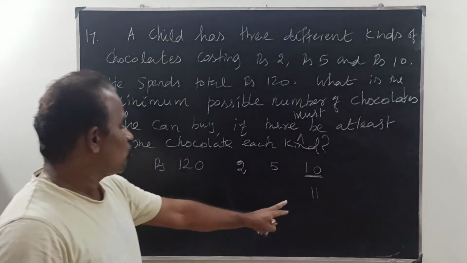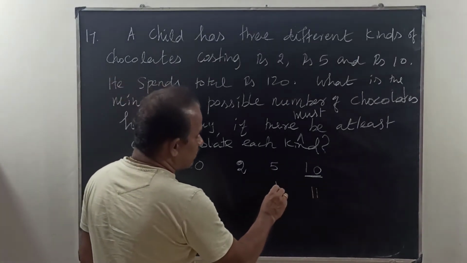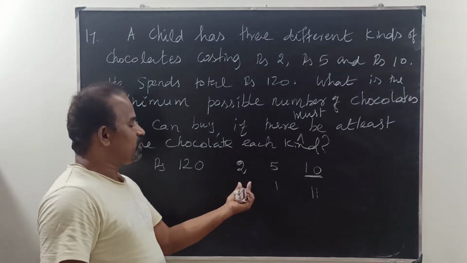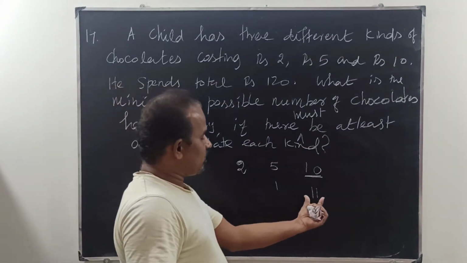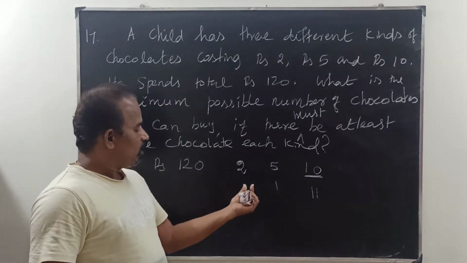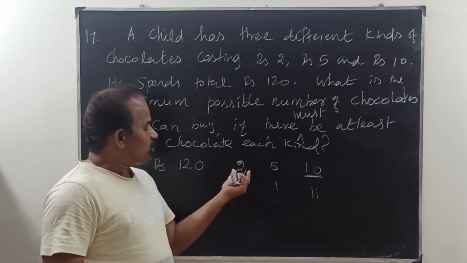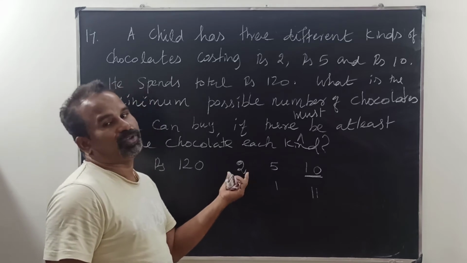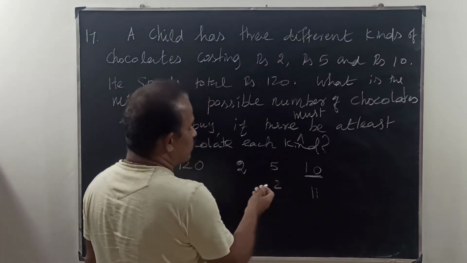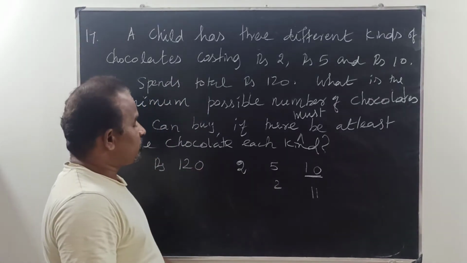This is 110 rupees. Plus 5, 115. So remaining is 5. Out of 5 rupees, it is not possible to purchase a 2 rupee chocolate. So therefore, this is not possible.